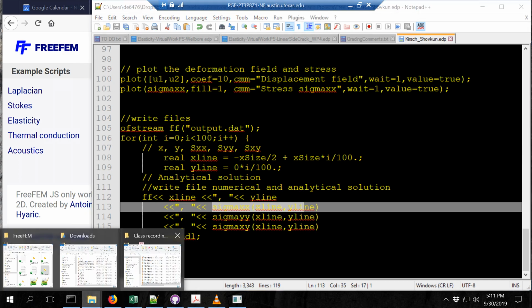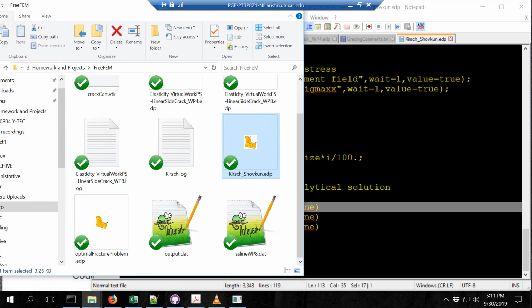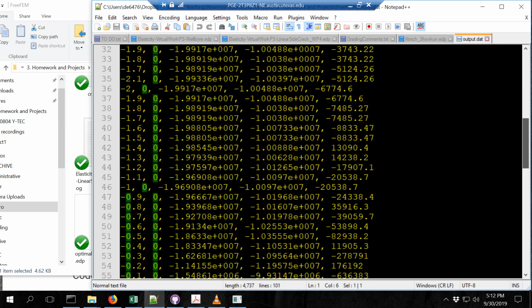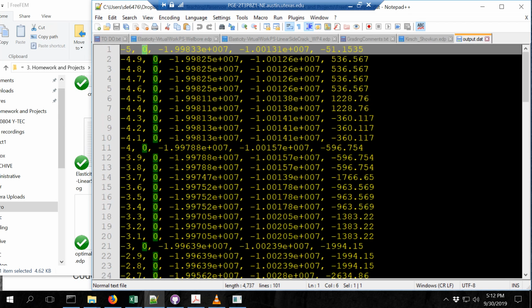And the result should be a file called output, this one. Will it get put in the same folder? Yes, it's going to be in the same folder. And here you see the position -5, 0. All this column is a column of zeros, and it goes from -5 up to 4.9. And here you have SXX, SYY, and SXY.